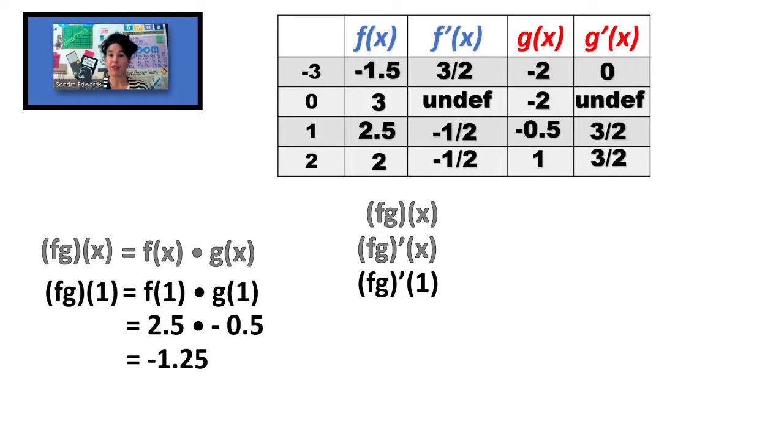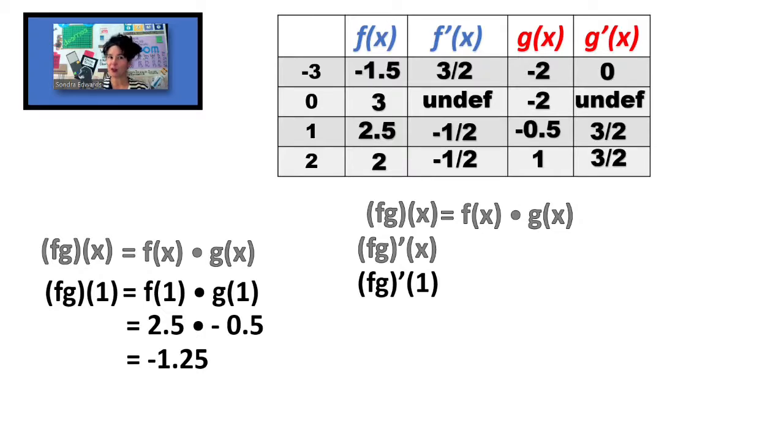Let's rewrite f times g of x in a little bit different way. F times g of x really means f of x times g of x. So taking the derivative of f times g of x to get f times g prime of x is the same thing as taking the derivative of f times g.